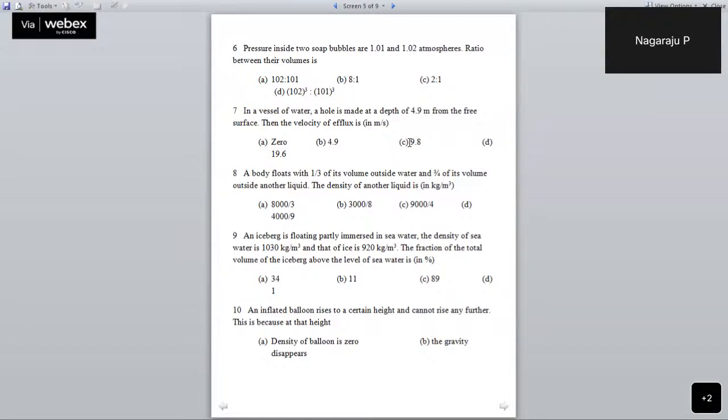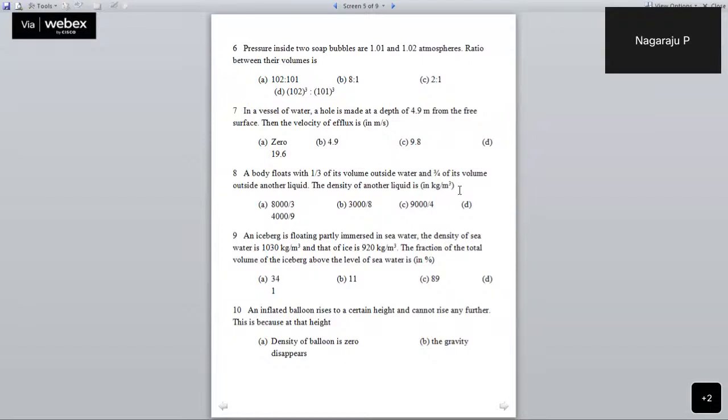Similarly, if I go to question number 8, that question is, a body floats with 1/3 of its volume outside water and 3/4 of its volume outside another liquid. The density of another liquid in kg per meter cube. So what you have to remember here, weight of water displaced, you can write it as 2 by 3 V rho g.